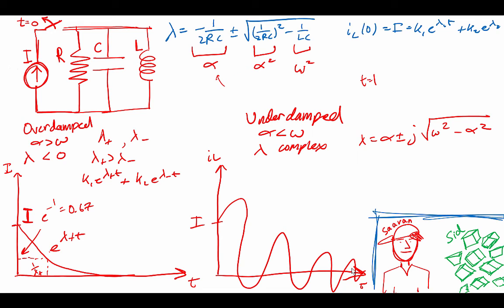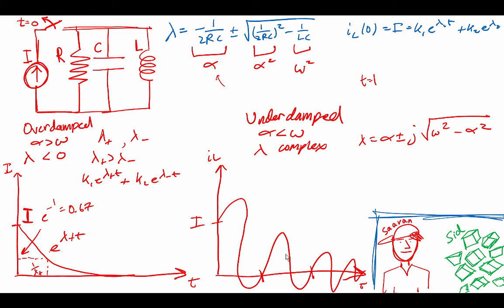So there's a few things to look at here. One of the things we want to look at is the period of oscillation. The period of oscillation is related to the imaginary portion.